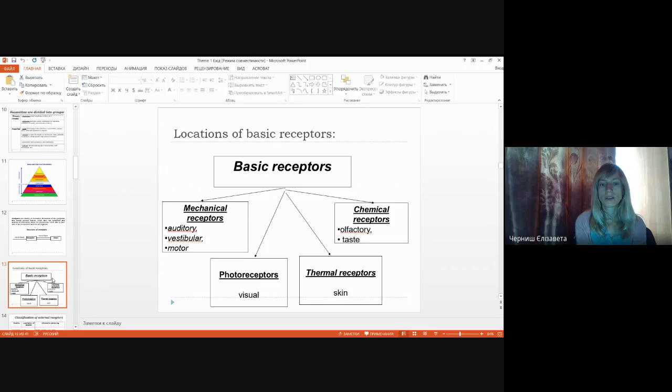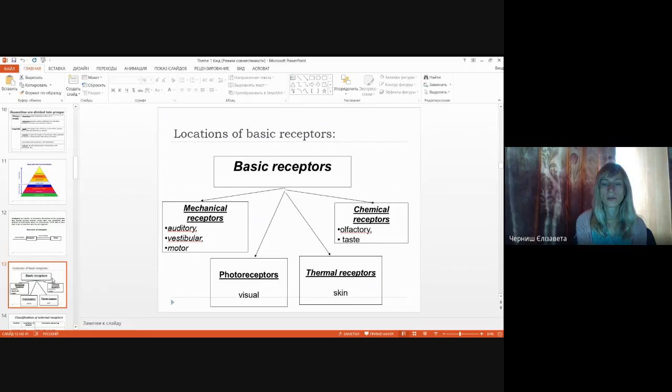Mechanical receptors, photoreceptors, thermal receptors, and chemical receptors. All of these receptors are used all the time in our life activity, and it's very important for orientation in this environment.